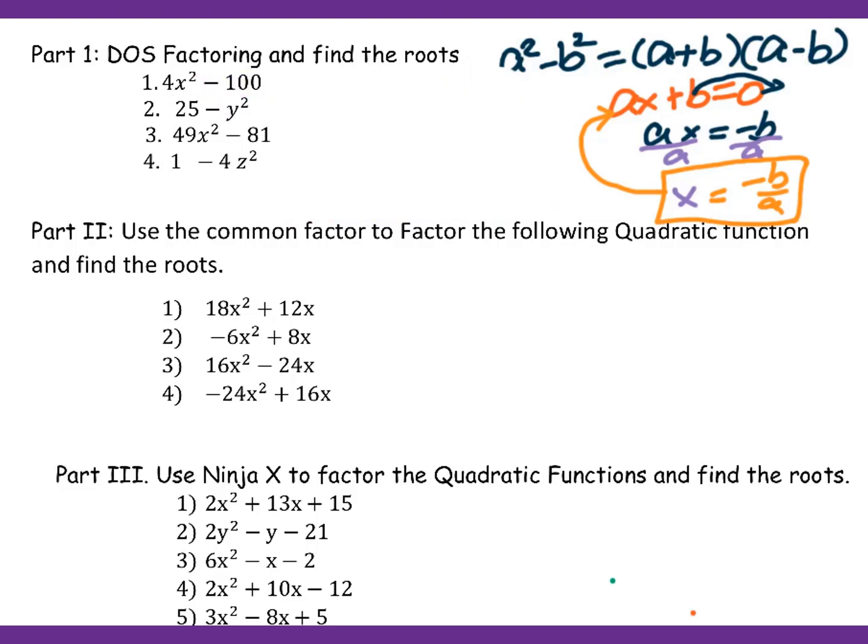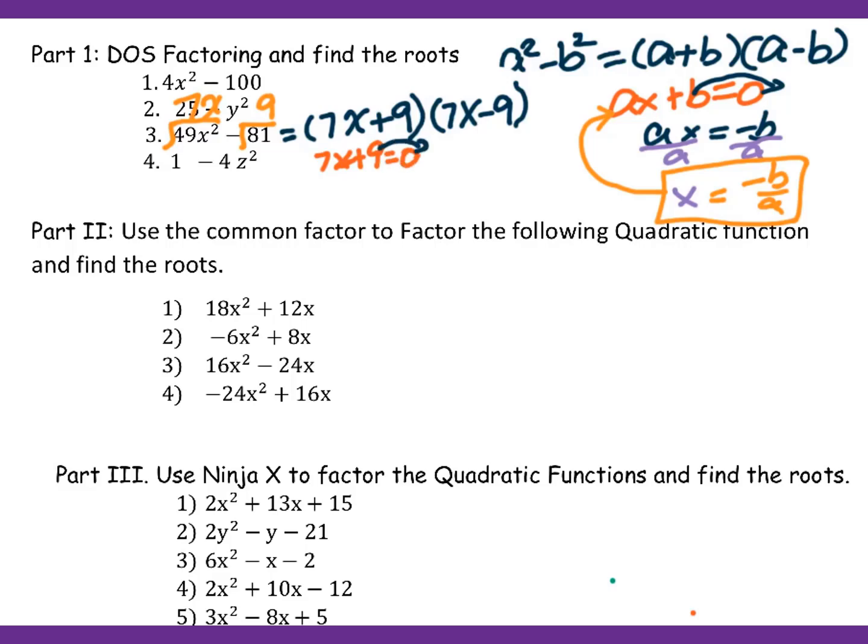Let's go to number 3. Take the square root. This is 9, here's 7x. So we got 7x plus 9 and 7x minus 9. Set both equal to 0. 7x plus 9 equal to 0.